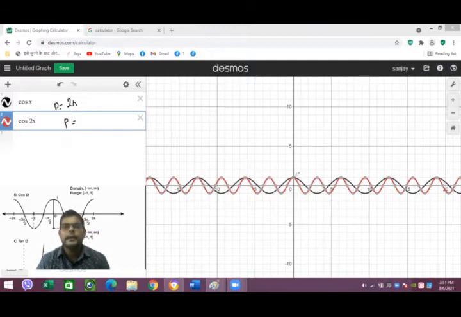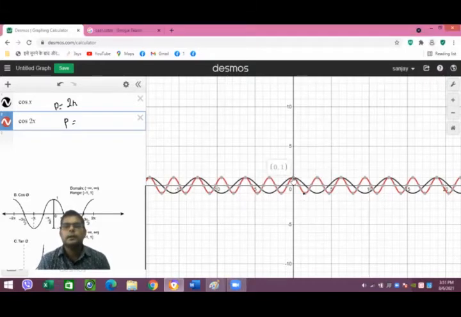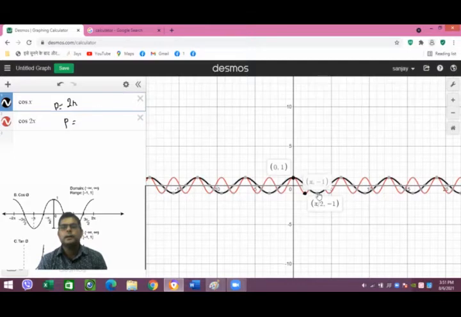Here this point is 0, and the maximum occurs at 0 and the minimum occurs now at pi by 2. Before it was pi, now the minimum is at pi by 2 and the maximum is at pi again.